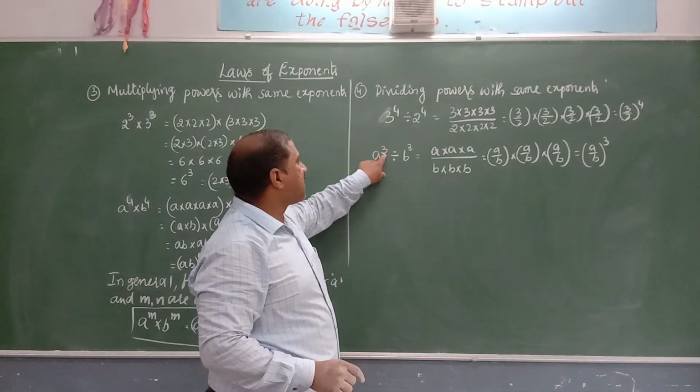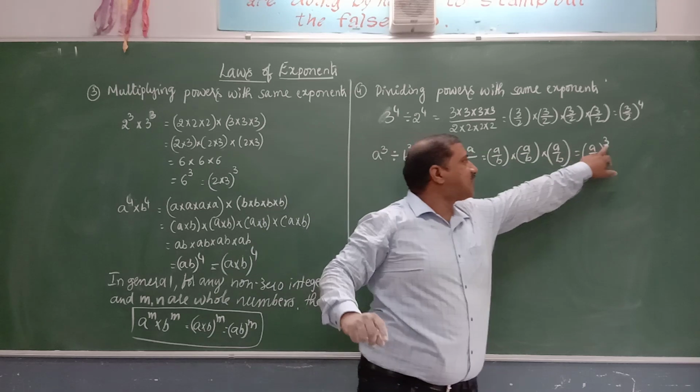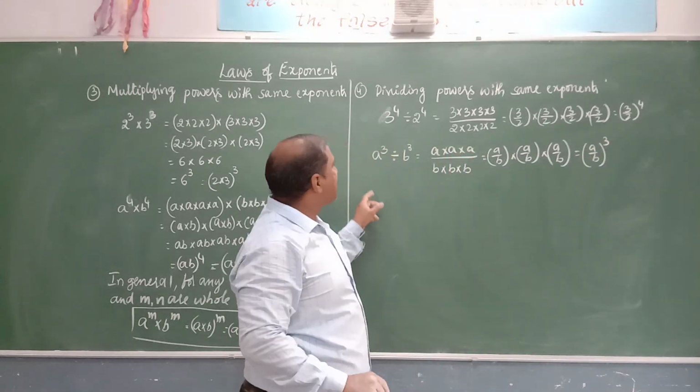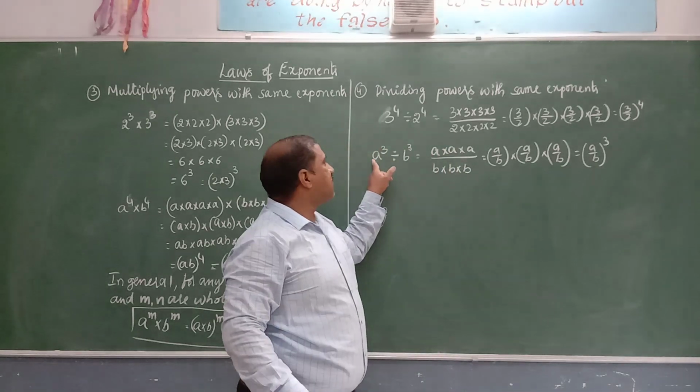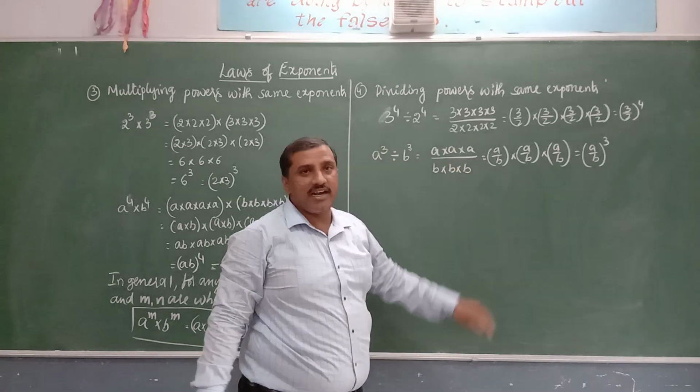Here the exponent is 3, here it is also 3, and in the result also we got 3. But what happened to the bases a and b? We got the division of the bases a and b, that is a divided by b.